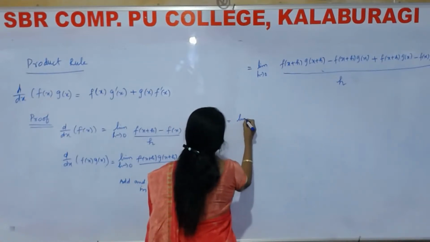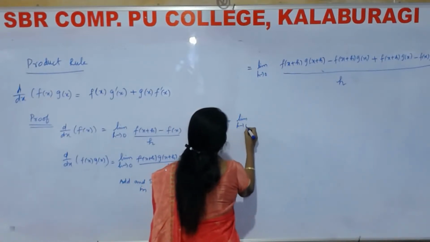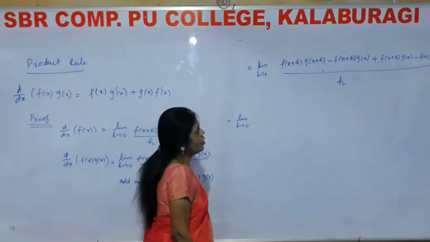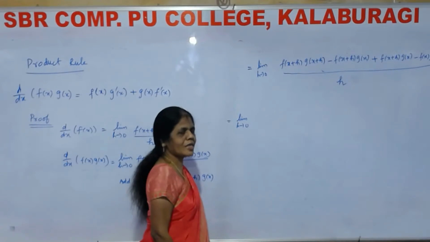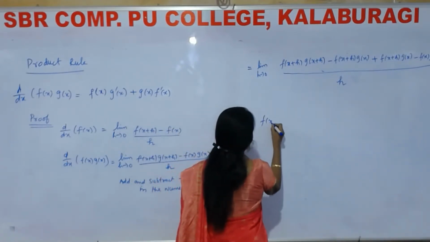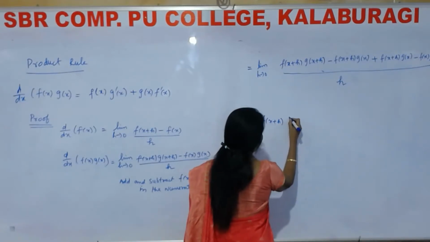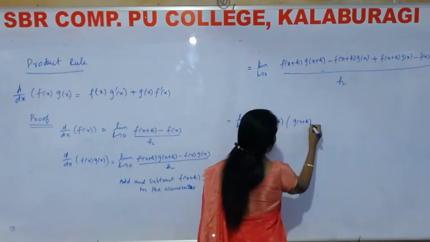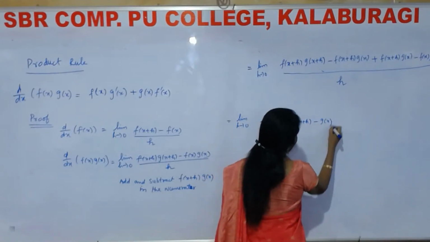Now, limit h tends to 0. Are you following? From the first two terms, what can I take in common? f of x plus h. What is left out? g of x plus h minus g of x.